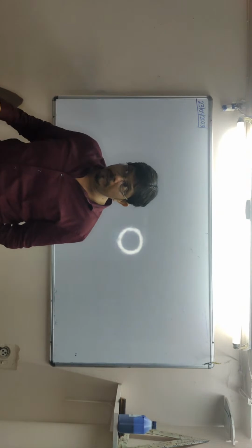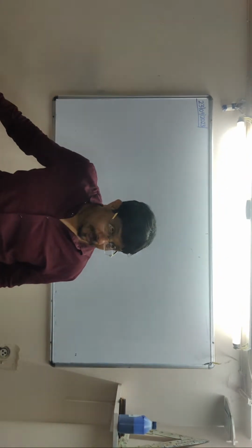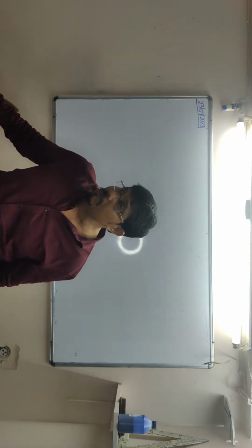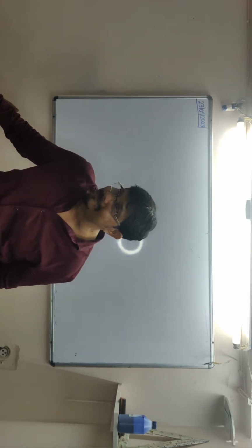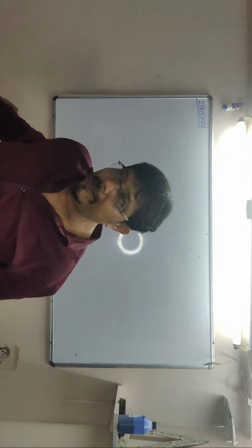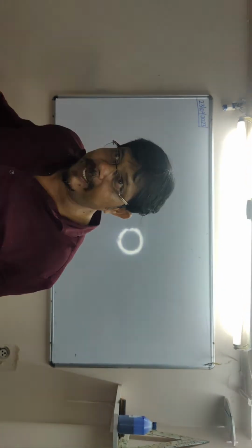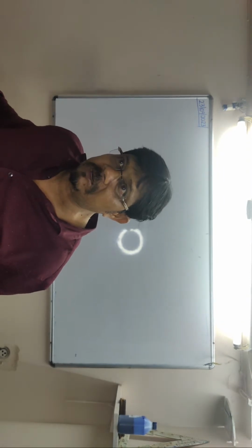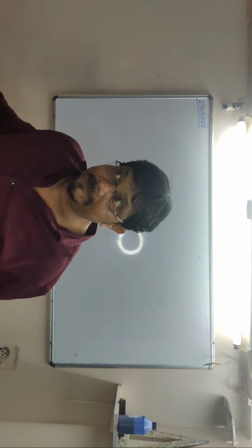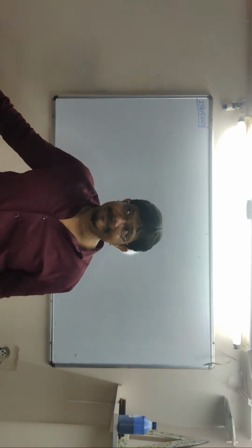Now what is the rule you have to follow? You have to decrease the kinetic energy of the electrons. You make the potential negative: -1, -2, -3. At a particular voltage, the electrons will stop. If the electrons stop, what happened? No current.